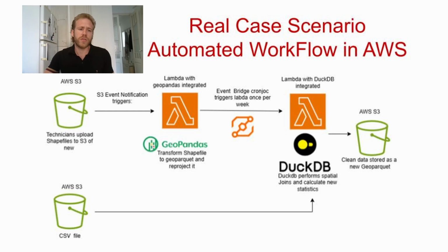The results are saved back to S3 as an enriched GeoParquet, serving as a single source of truth for dashboards, APIs, and planners. What once took weeks now happens within minutes, ensuring timely, accurate data for emergency planning situations.